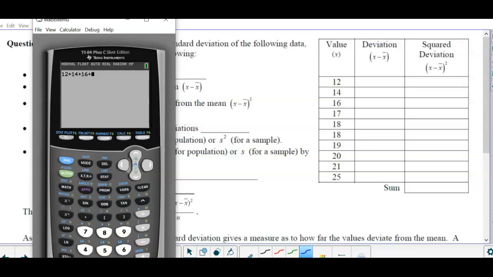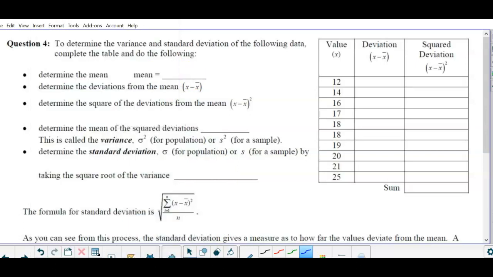Probably do it faster than I can on the screen. Okay, I think I did that okay. And then divide by 10 is 18.